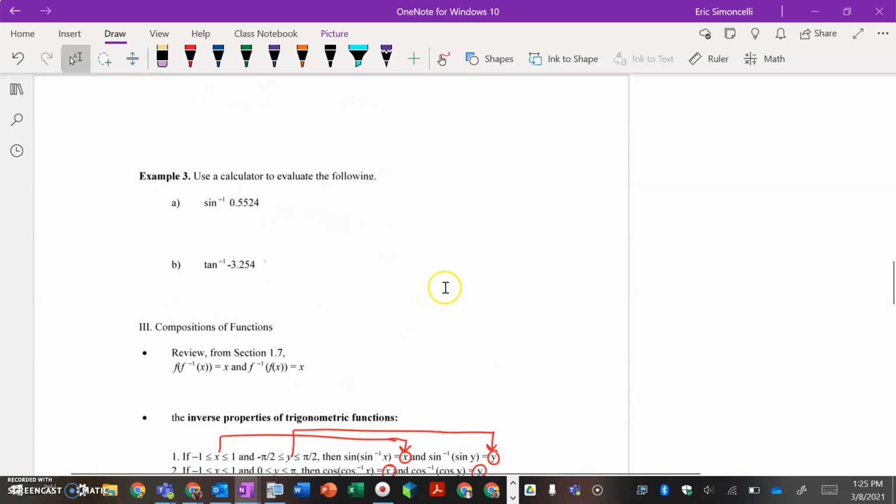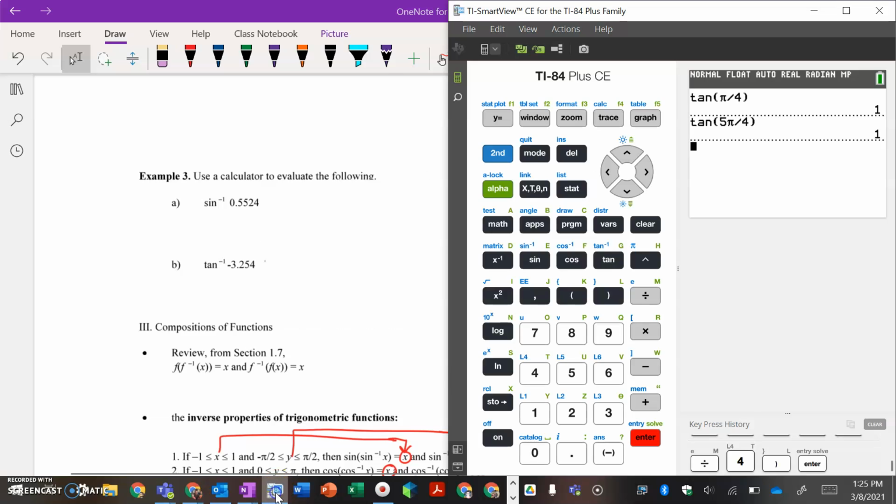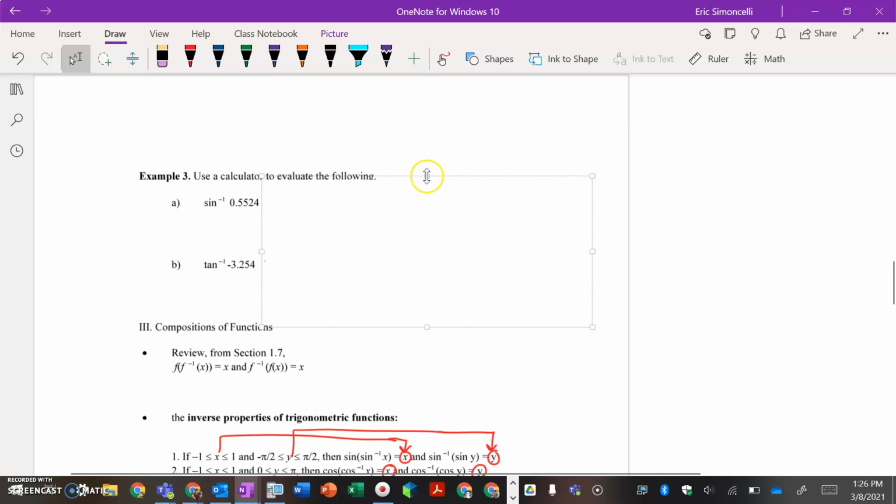Example 3. Use a calculator to evaluate the following. In this particular case, the inverse sine of 0.5524 is something that you can type in, noting that 0.5524 is between -1 and +1. If we type this in, we will see a decimal, and because it's in radians, we'll read it as 0.5825.